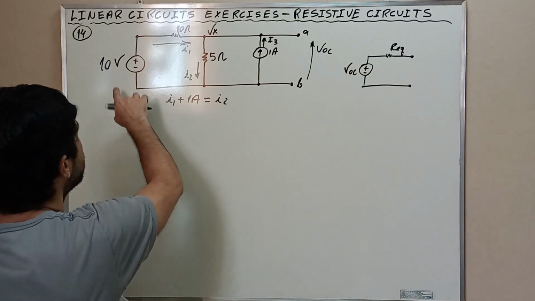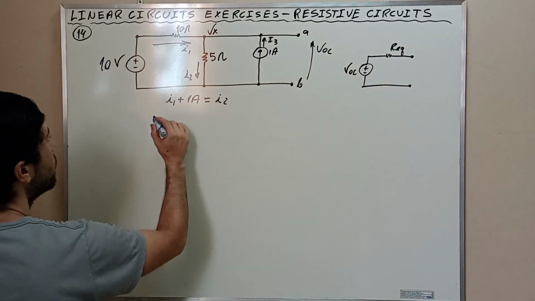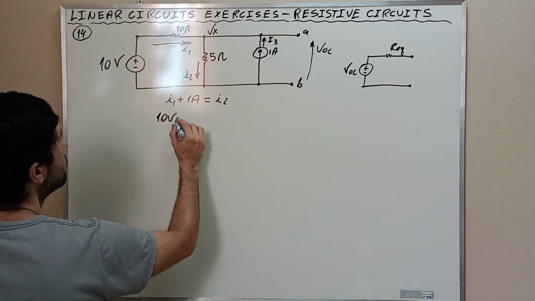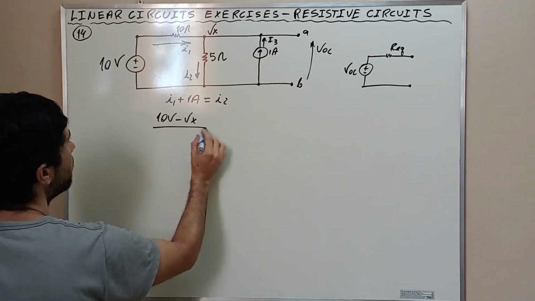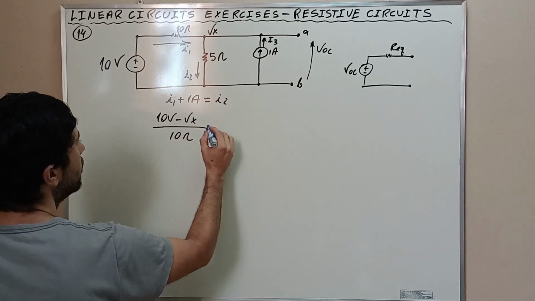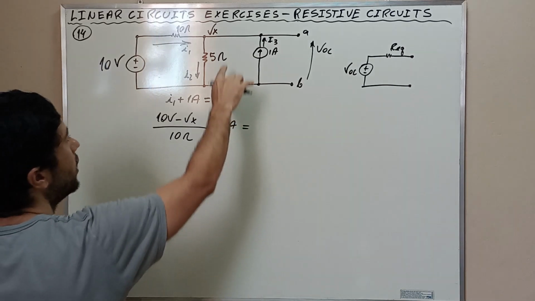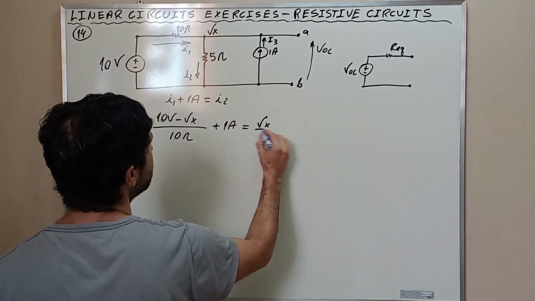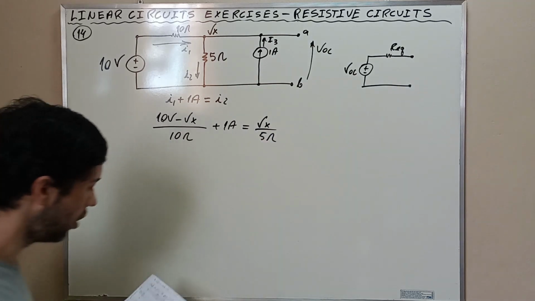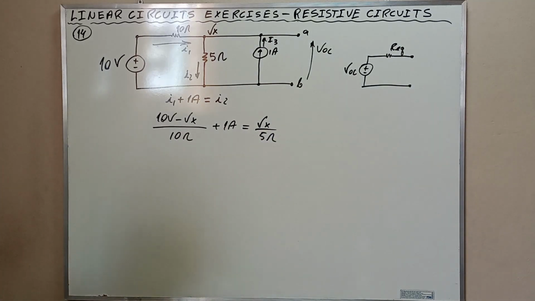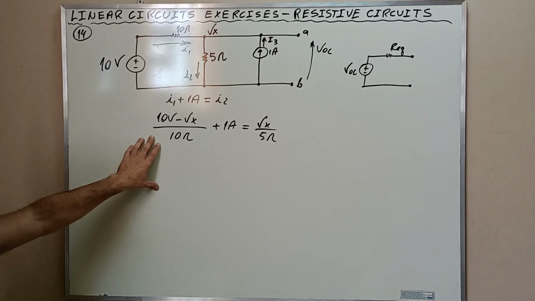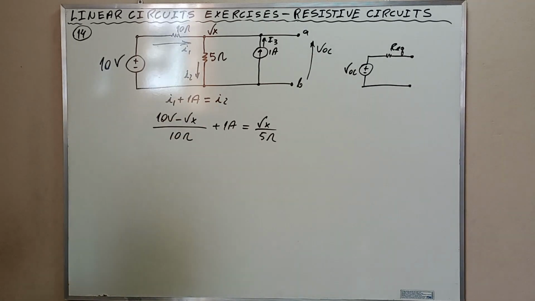We describe I1 as 10 volts minus Vx divided by 10 ohms, plus 1 amp, and this is equal to I2, and I2 is equal to Vx divided by 5 ohms. This is the node equation that we use to describe this.